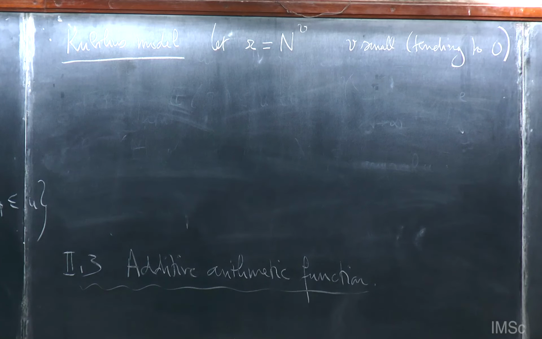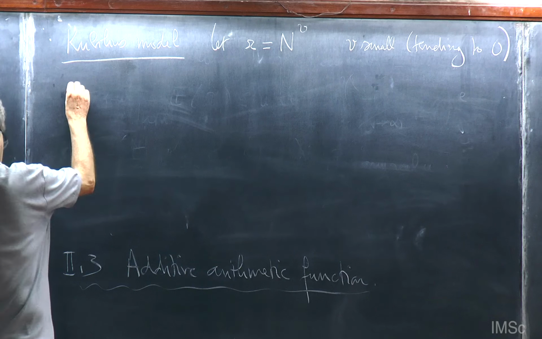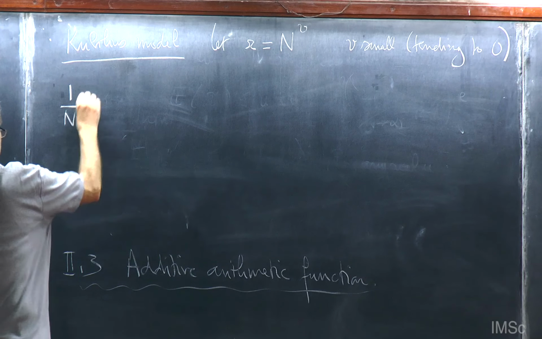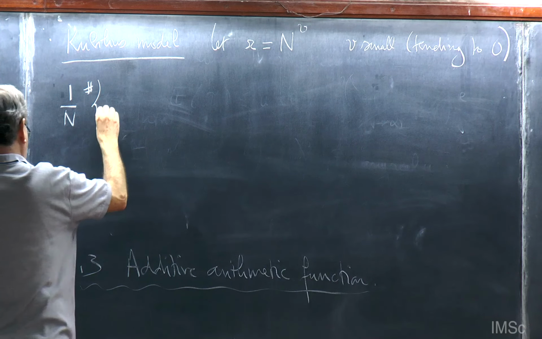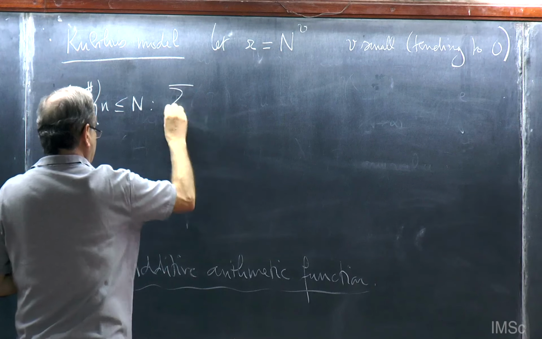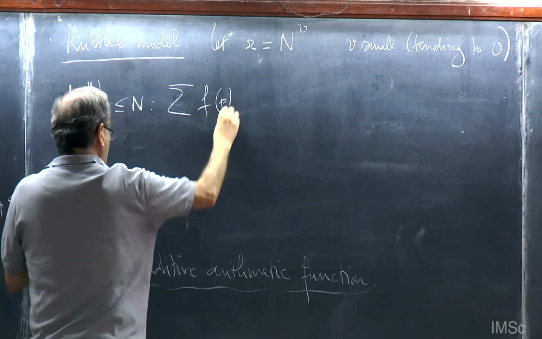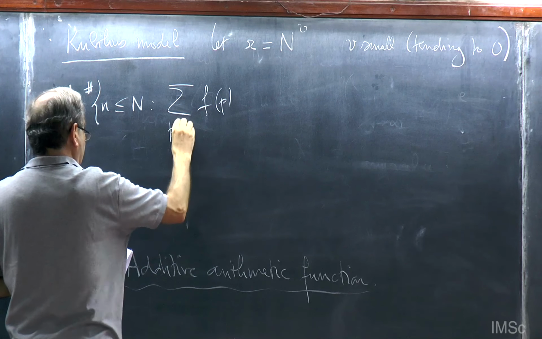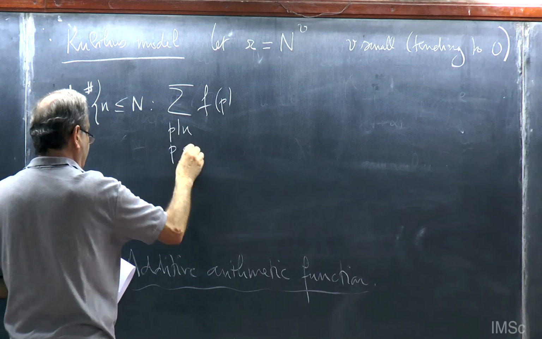We don't ask for more than v tending to 0, but we just keep all the prime factors up to n to the r. So the Kubilius model tells you that you can compare 1 over n, cardinality of n up to capital N, such that the sum of f of p. You need to have some condition on f, but rather mild.